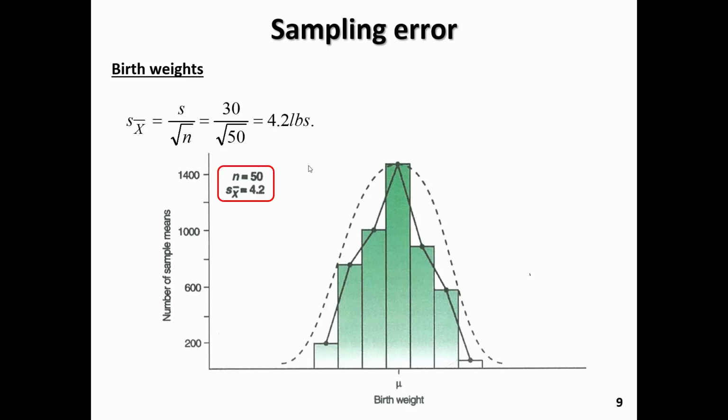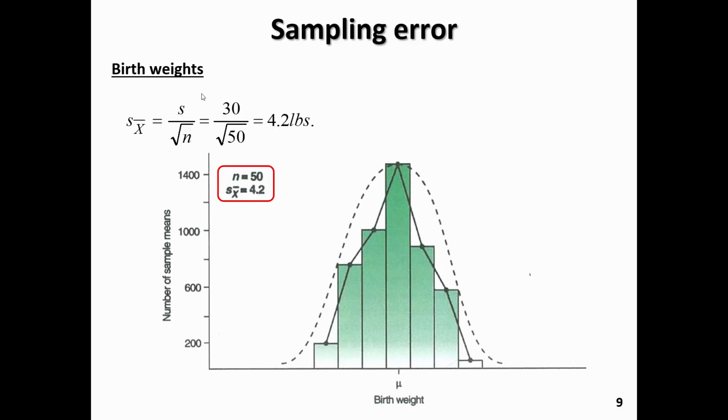As we see here, with our sample size of 50, if we pick one sample randomly, and once again use the same standard deviation of 30, divide that by the square root of the sample size, which is 50, we now have a lower standard error of the mean at 4.2 pounds. And so this becomes an indicator of the variability of the samples around the population mean.